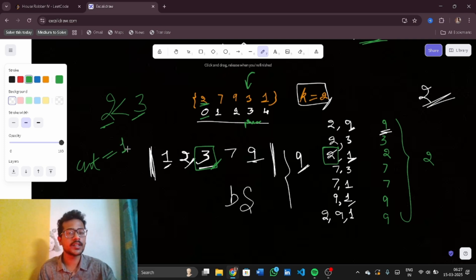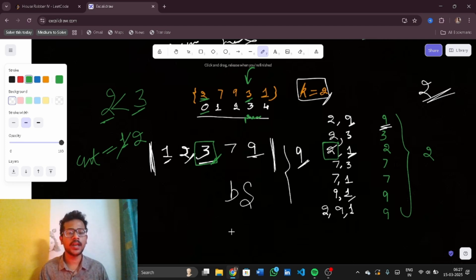So initially it would be 0, and then I took the 0th index house and it became 1, and then I incremented it and here I got 3, so it is 2. But still the answer is not found.